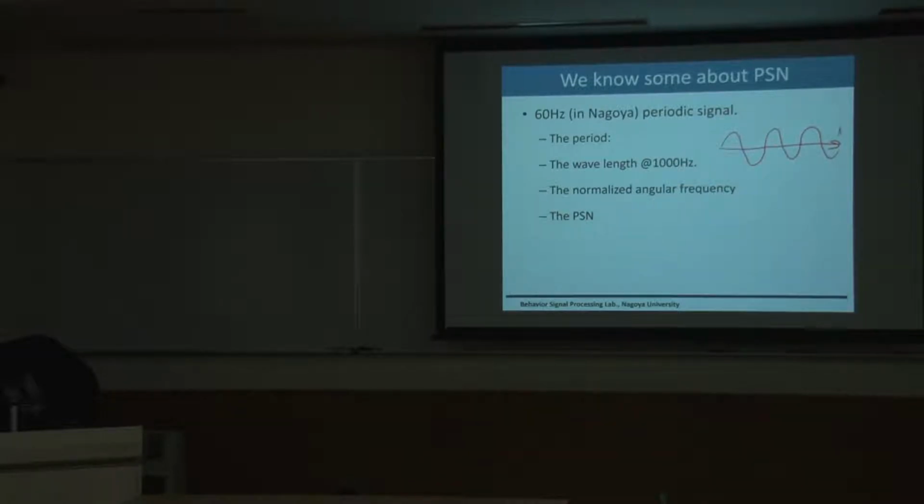When you plot against t, if this signal is 60 hertz in periodicity, then the period becomes 1/60 second. In other words, the angular frequency of the signal is 2 pi over 60 when you sample it by the time like 1000. Okay, so it's a very simple signal.